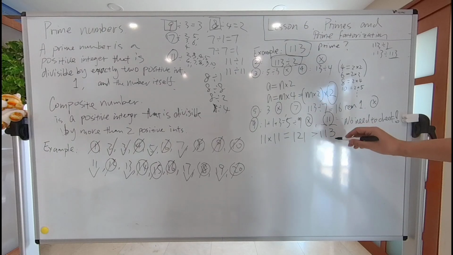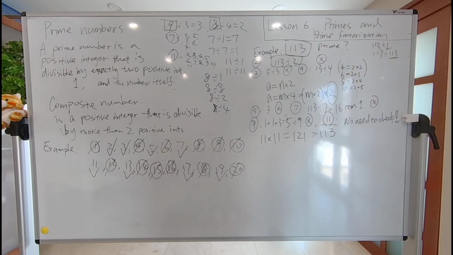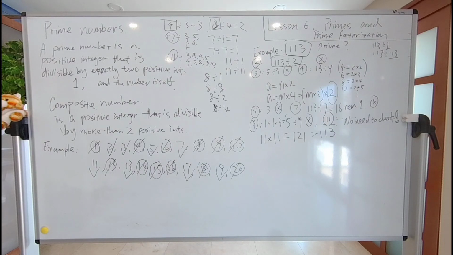So we can stop here and we can claim that this number 113 only has exactly two factors, which is 1 and itself. It has no other factors, so it is a prime number.